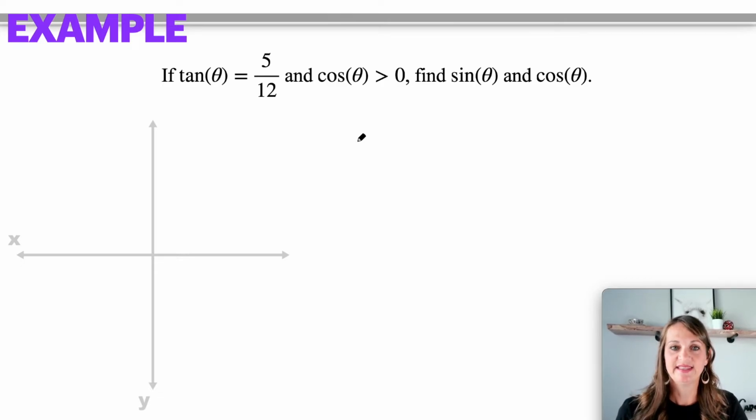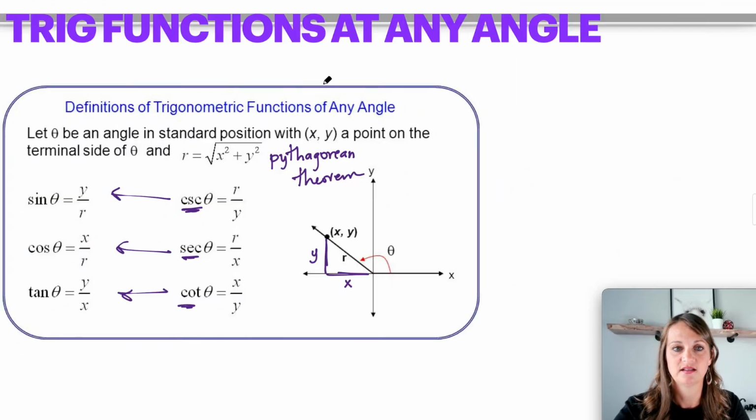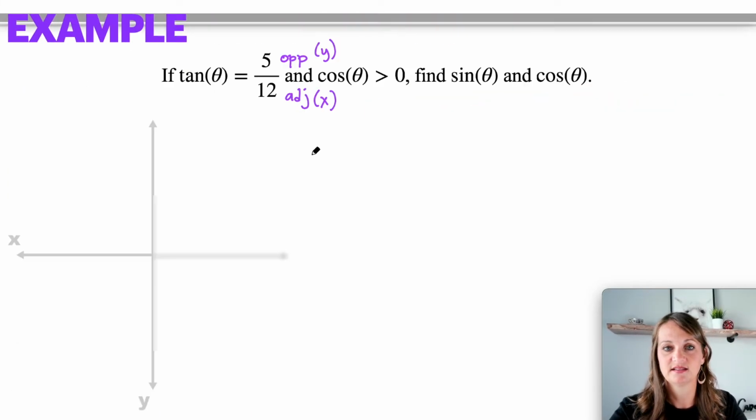Now, in this case, I do not give you the coordinate point. In this case, I actually give you one of the trig functions, and you have to work backwards. So first, because we're dealing with tan, we're dealing with the opposite and the adjacent, right? So in the 6 trig functions, we know that the opposite was your y value and the adjacent was your x value. Again, tangent is y over x.